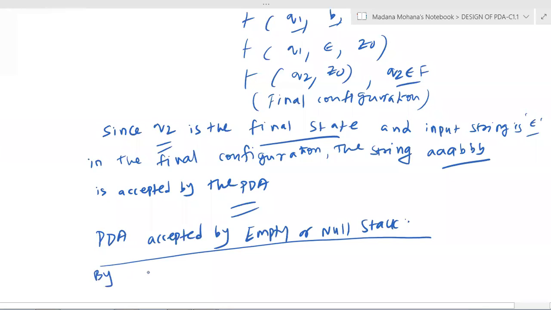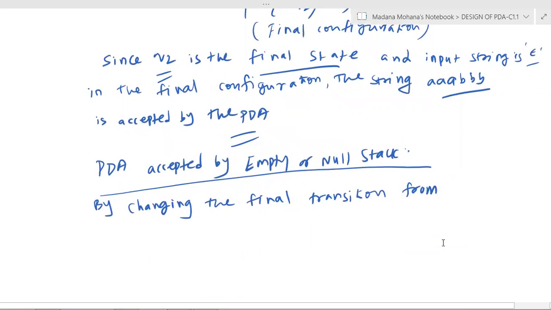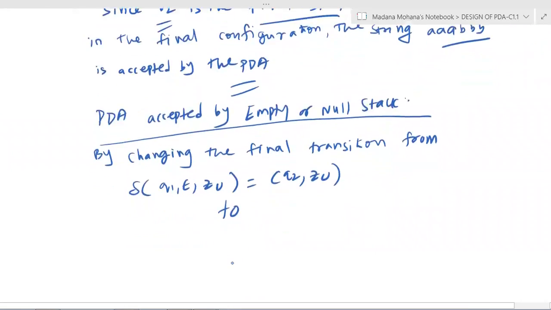So by changing the final transition from the above PDA. So what is the final transition in the above PDA? Delta of Q1 epsilon Z0 equal to Q2 Z0. So this is changed to the following.